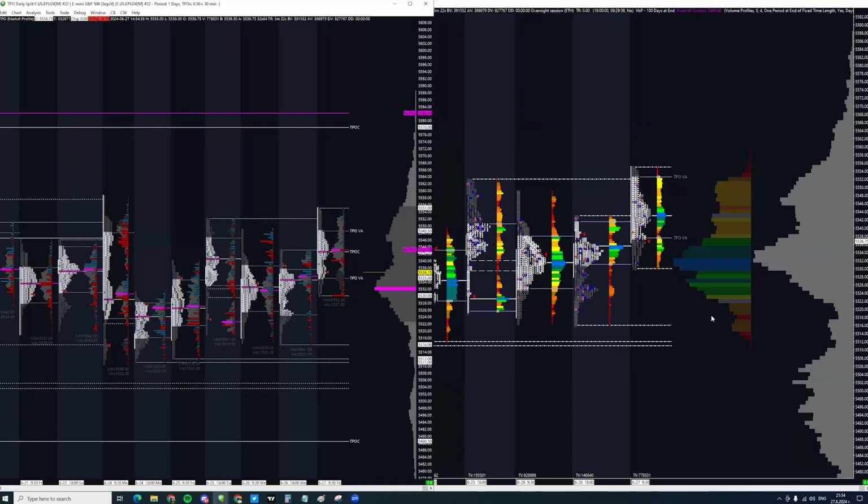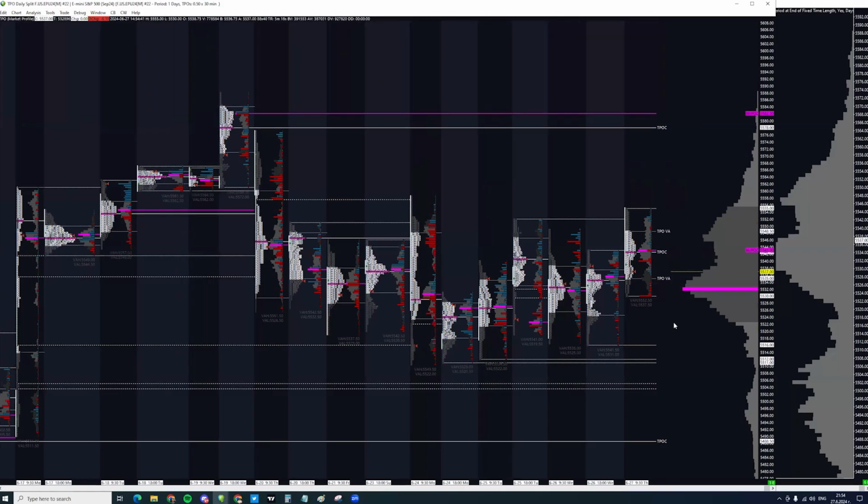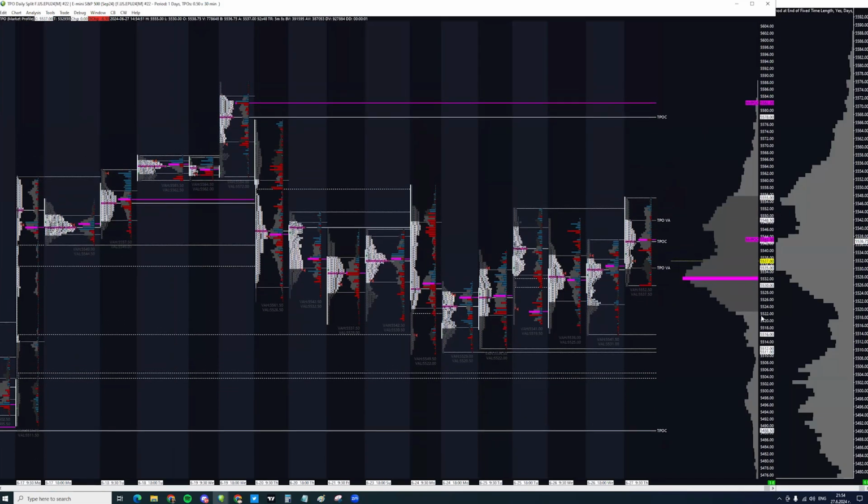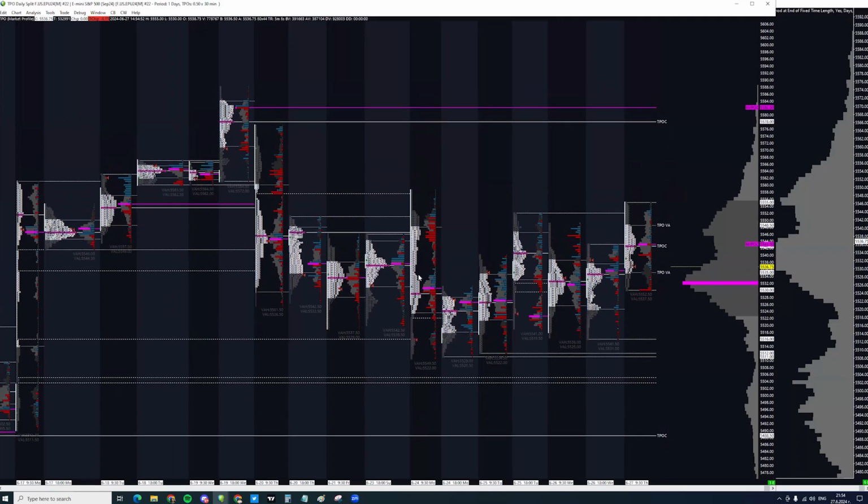The other aspect to this is going to be delta. Now, what is delta first and foremost? Delta is a difference between at the ask traders and at the bid traders, market buyers minus market sellers, and they create imbalances. This is very important because these large imbalanced moves are the strong-handed market participants that create those large expansions up or down in prices, things that we want to remember realistically.